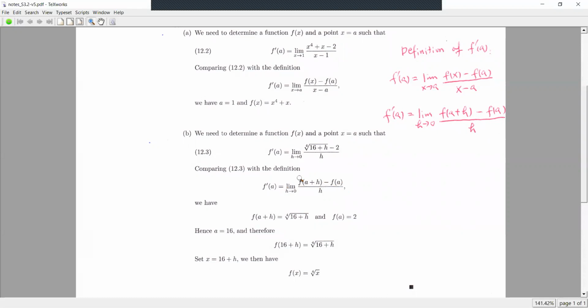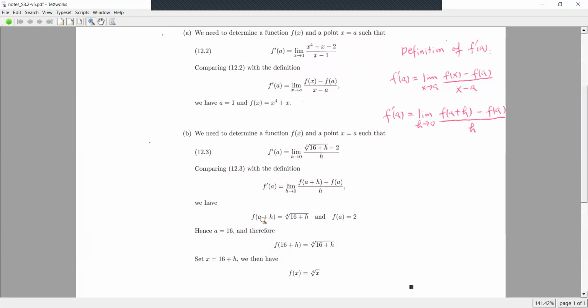F of A plus h is the fourth root of 16 plus h. So we have these two equations. Now, from this equation, the left side is A plus h, the right side 16 plus h. Therefore, A is 16.